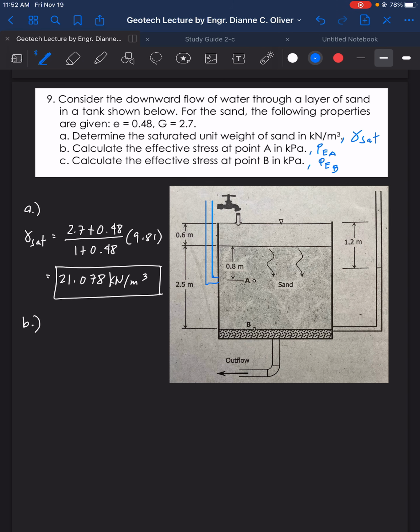There you go. And then this is the water level we want to project.